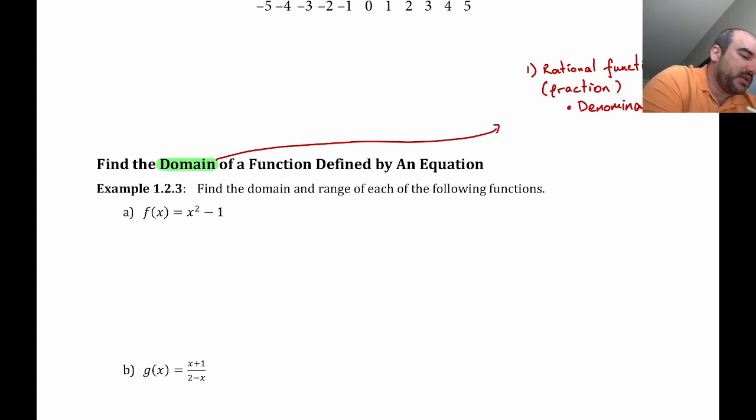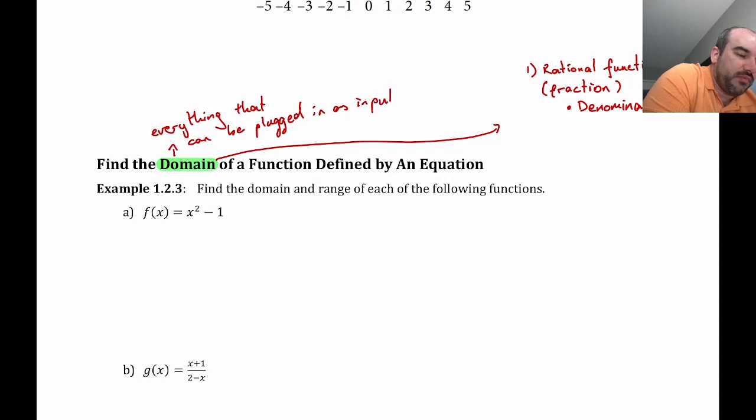So domain is essentially everything that can be plugged in as input, in general terms. It's every number that can be plugged in as an input.